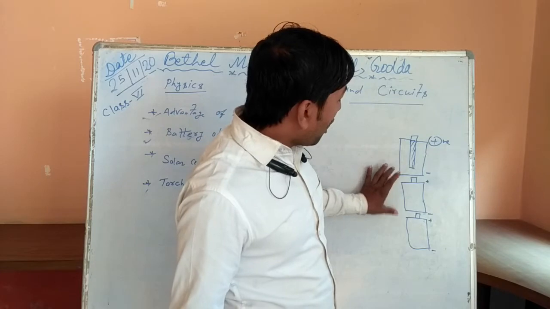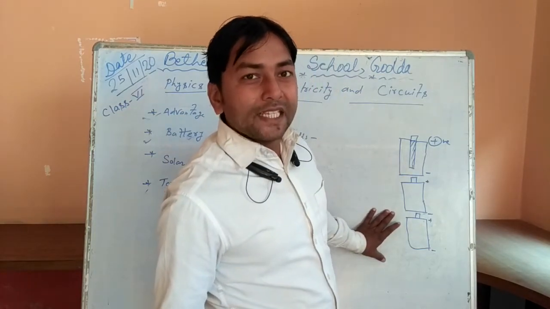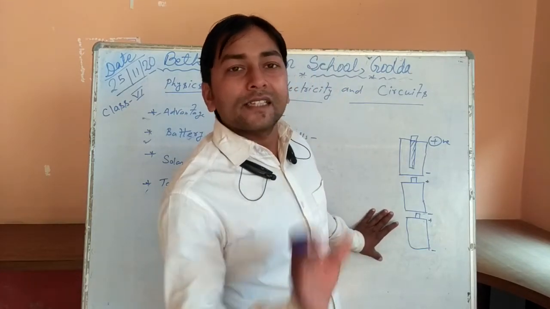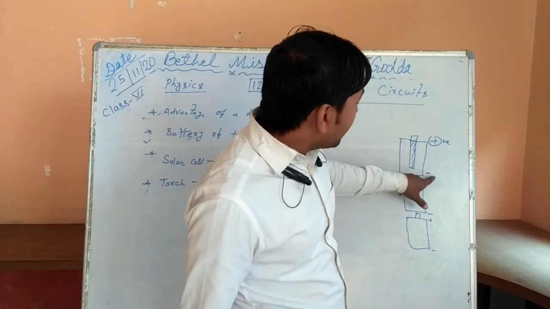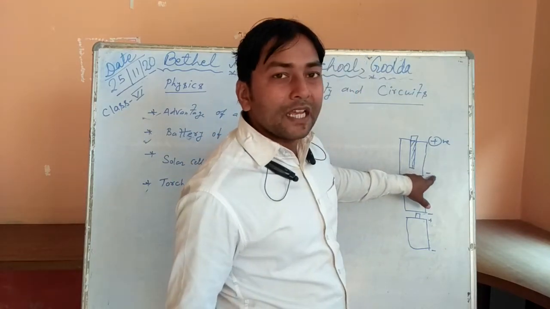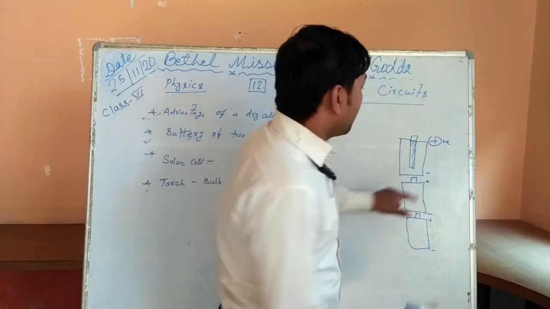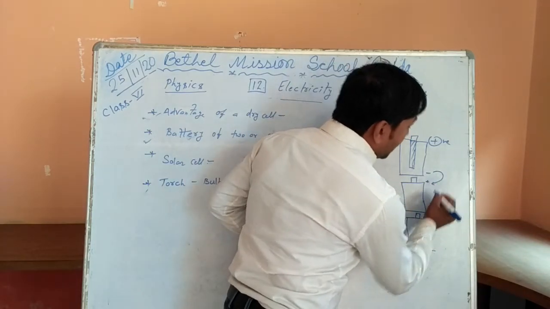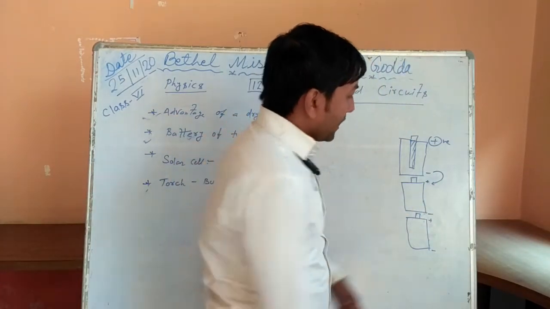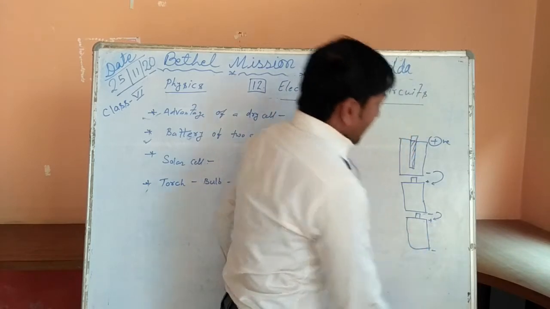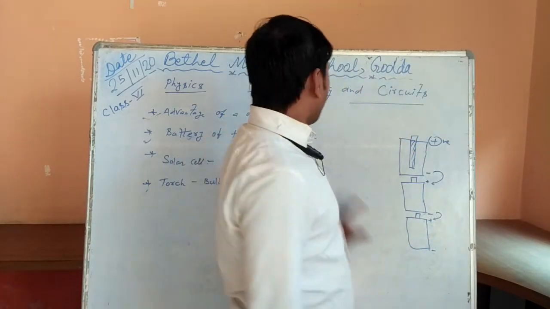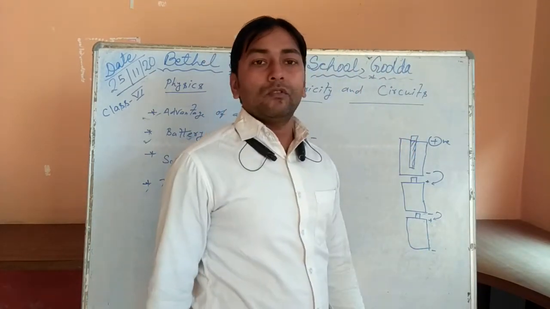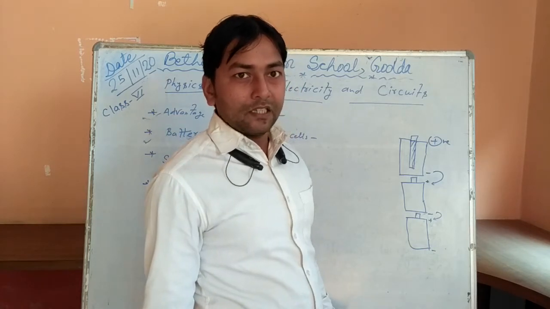When two or more than two dry cells are connected in such a manner that the negative terminal of one cell is connected with the positive terminal of the other, and so on, this is called a battery of cells.